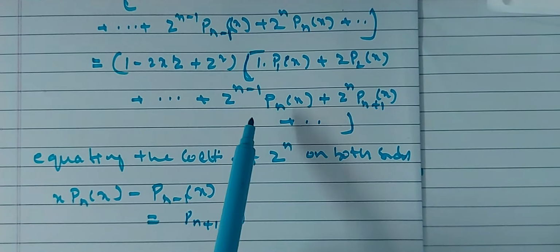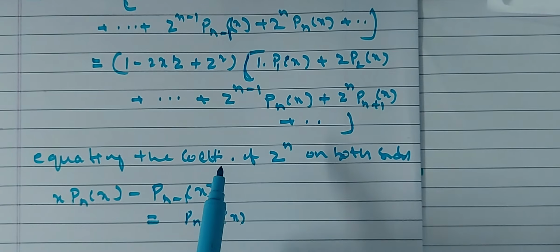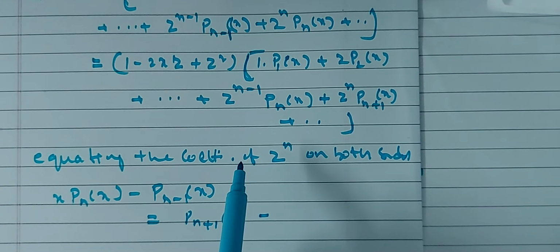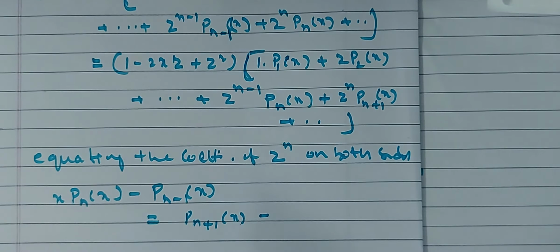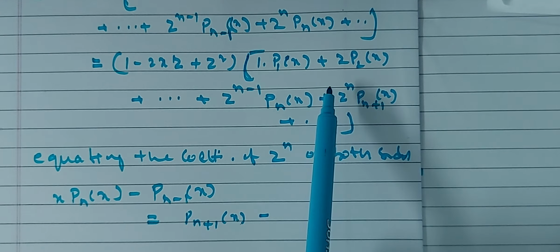Next, this into the second term, it is to be minus 2x into the n terms.